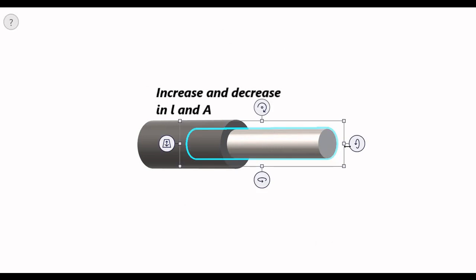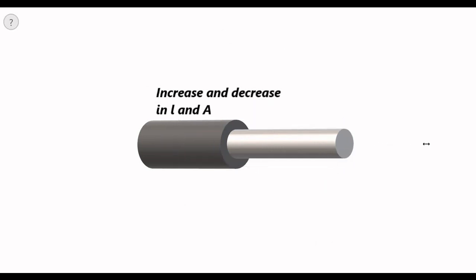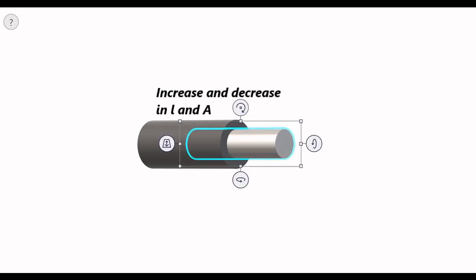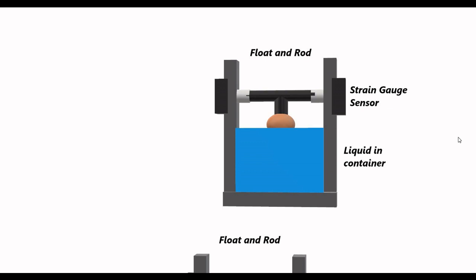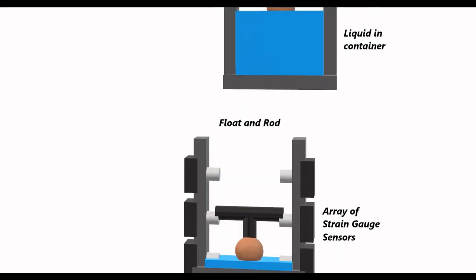When it undergoes expansion, there is an increase in length and decrease in cross-sectional area. And when it undergoes compression, there is an increase in area and decrease in length. So that contributes to a change in resistance, and that change in resistance can be converted into a voltage or current signal through a voltage divider, Wheatstone bridge, or use of secondary electrical transducers such as a potentiometer, LVDT and others.